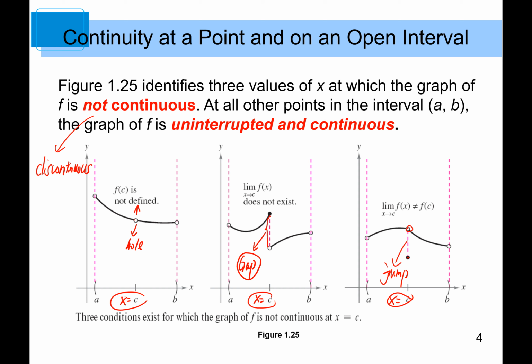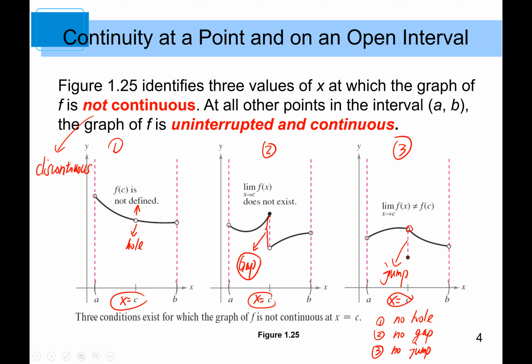In order to qualify as a continuous function, a continuous graph, first, no hole, second, no gap, third, no jump. And this is a very typical example for all three different scenarios.